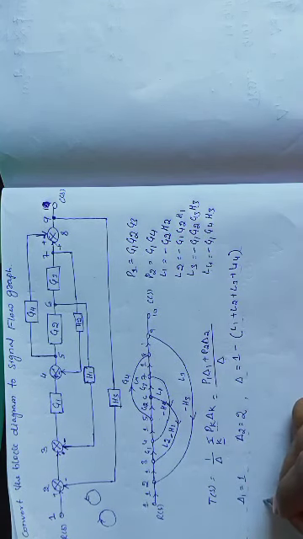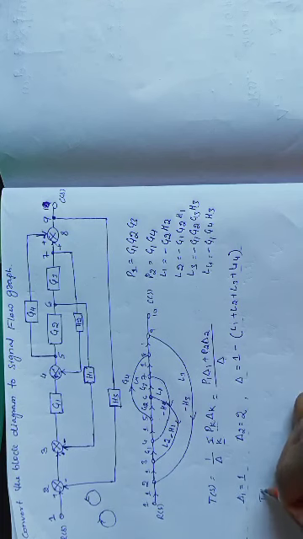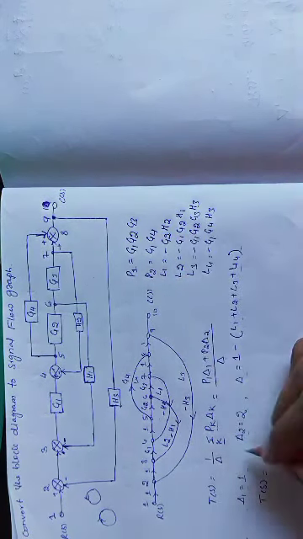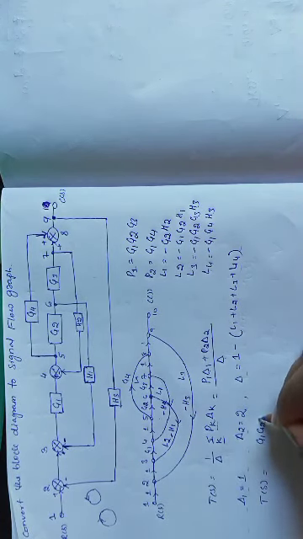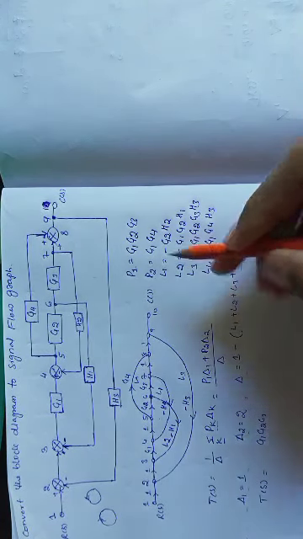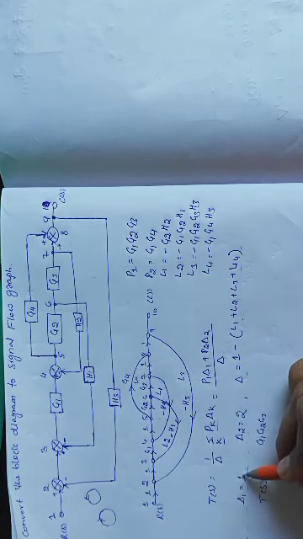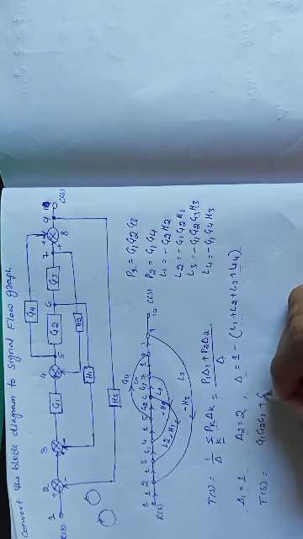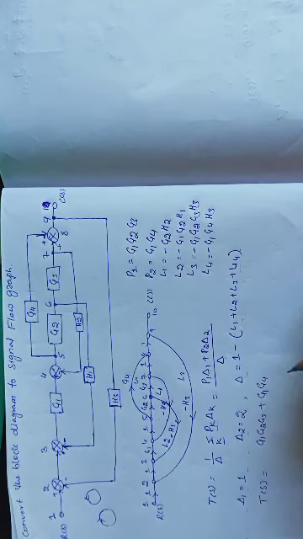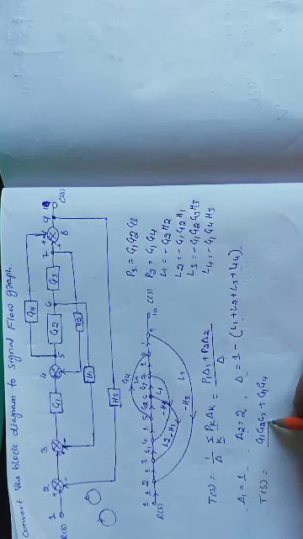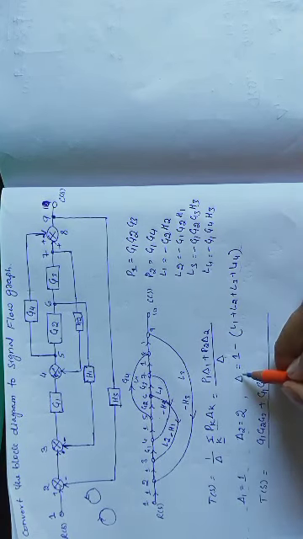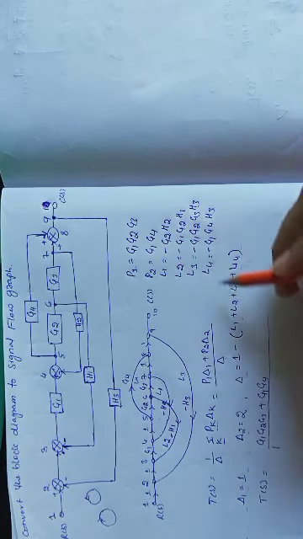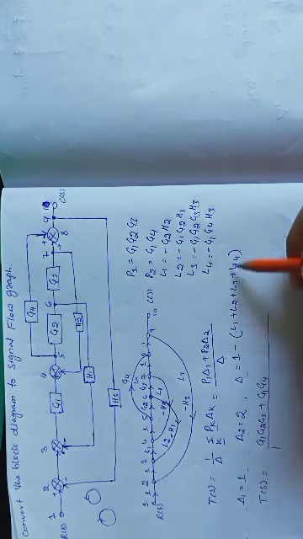Now, transfer function T of S equals P1. P1 means G1, G2, G3, and delta 1 is 1. Now, P2 is G1, G4, divided by delta, which means 1. Here all these signs are minus, therefore minus into minus becomes plus.